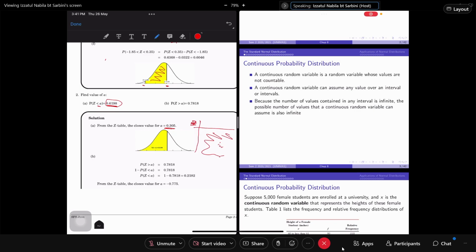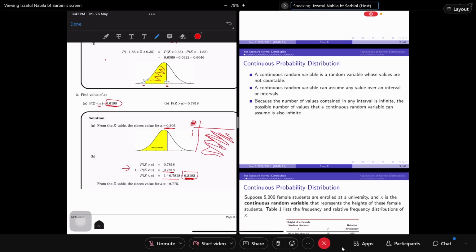Okay. So for B, more than A, you know that kalau more than A, you cannot just get directly from the table kan? Because it's more than. So you have to tukar dia bentuk dia jadi 1 minus Z less than A. So you get 0.7 here, and then you transfer lah 1 minus that, and you get 0.2182. So how do you get the Z? You need to find 0.2182 from the body of the table.